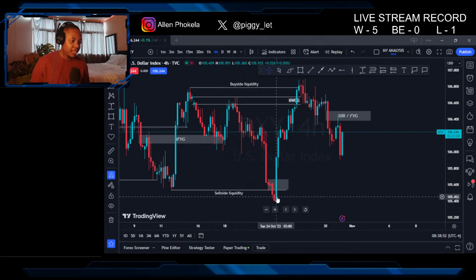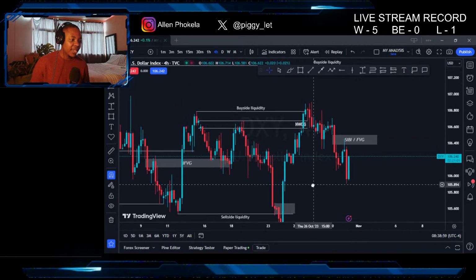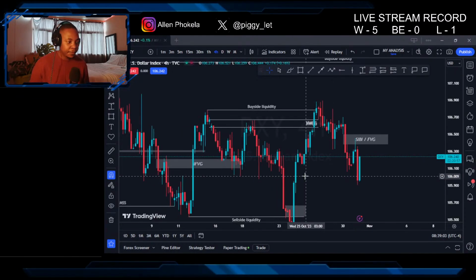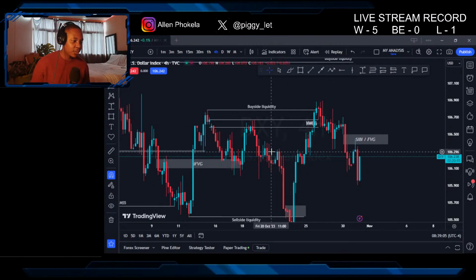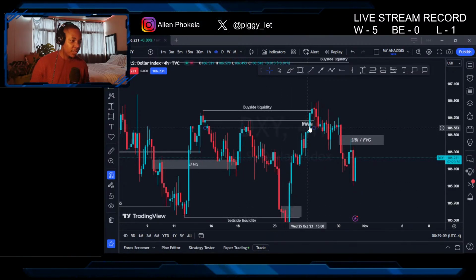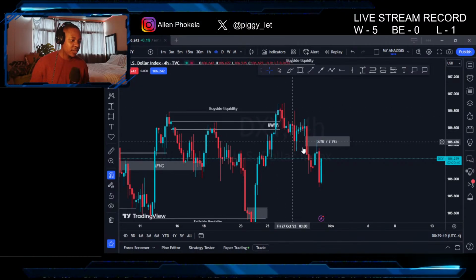Then we kept going higher. I was expecting the new week opening gap and the buy side to be taken out. That's what I was expecting from the DXY, and we did exactly that. After we took out that sell side, we went for the new week opening gap and the buy side, we took it out, and then after we took buy side liquidity, price started reversing to the downside.